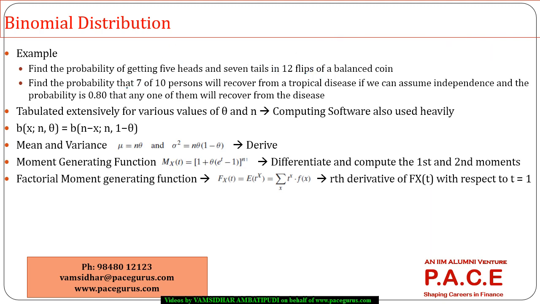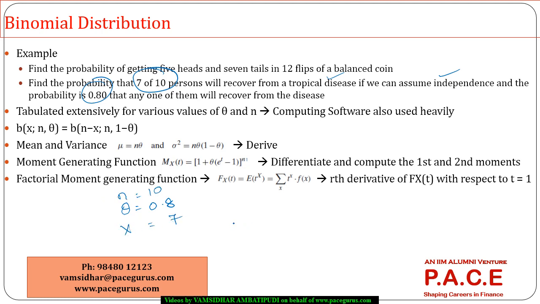Let's look at one more example. Find the probability that 7 out of 10 persons will recover from a tropical disease. If we can assume independence, the probability is 0.8 that any one of them will recover from the disease. So theta is 0.8, n is 10, x is 7.